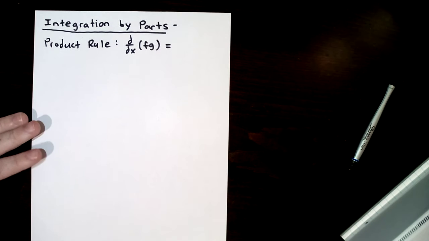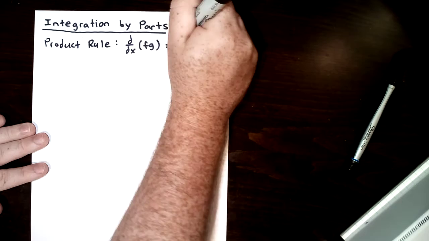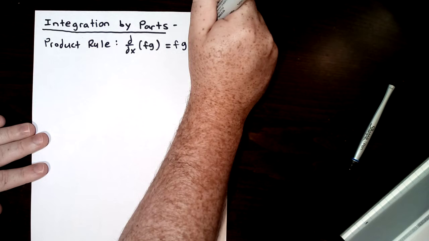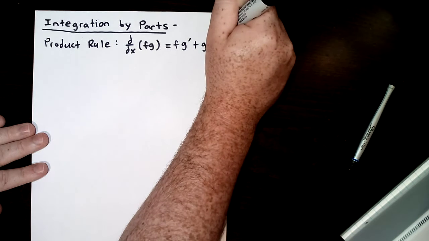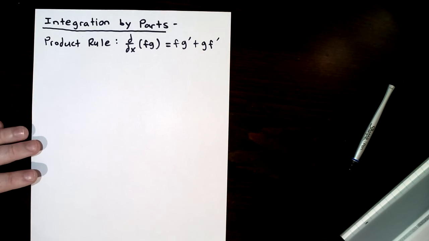And what I mean by that is, first, let's treat f as a constant, differentiate the second function g, then we'll treat g as a constant, differentiate the first function. So this is going to be the essence of where the integration by parts formula comes from.